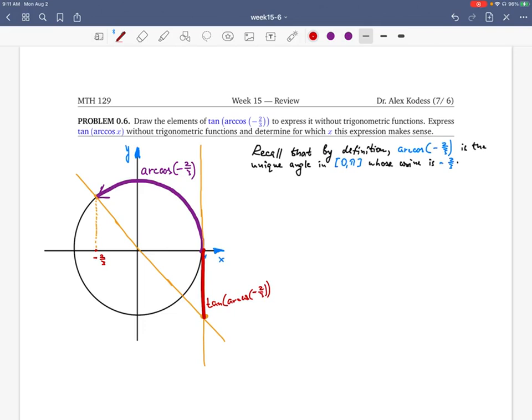So how do we find it? Well, we can utilize, as always, similar triangles. Let's introduce some notation.